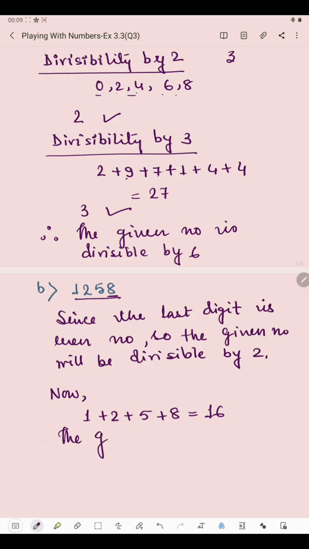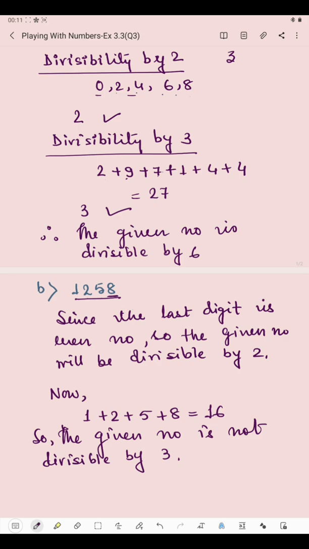So the given number is not divisible by 3. Now if the number is divisible by 2 but not divisible by 3, then the given number will not be divisible by 6.